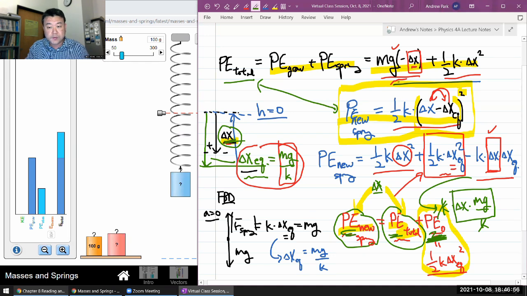In situations where you can't, maybe the mass comes off of the spring, then you have to treat them separately and analyze in that way. Because when the stretching of the spring decouples from the height of the mass, this representation depends on those two things always being tied.